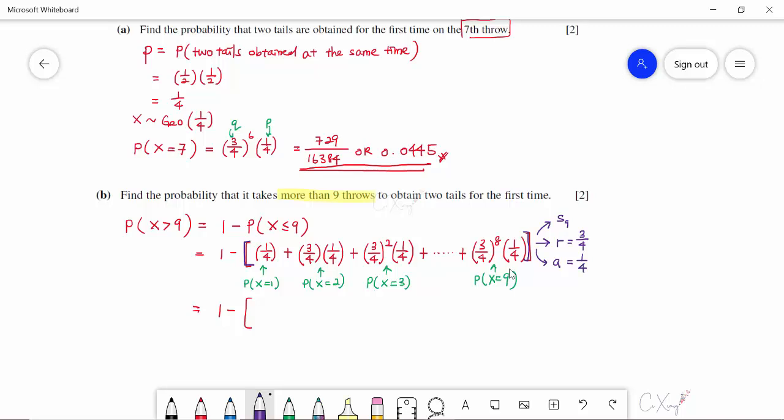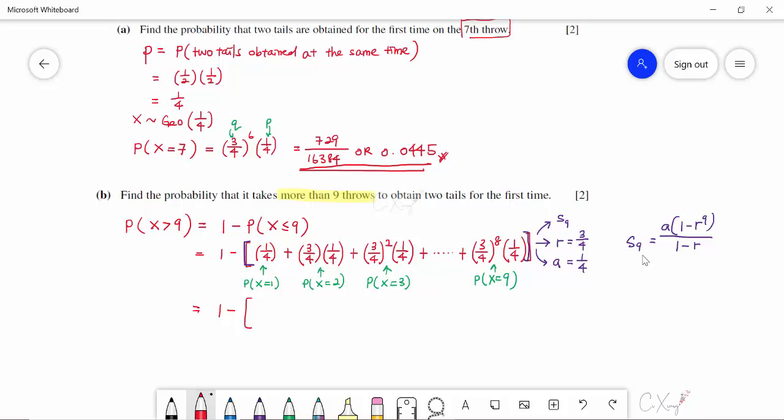So when you want to find the sum of the first 9 terms in the geometric progression, the formula should be S9 equals a times (1 minus r^9) divided by (1 minus r). So this is actually the formula for the sum of 9 terms of a geometric progression. Now we want to substitute all the details into our calculation here.